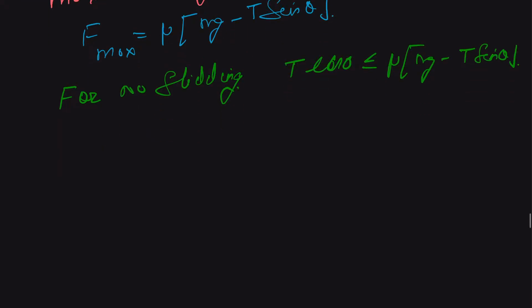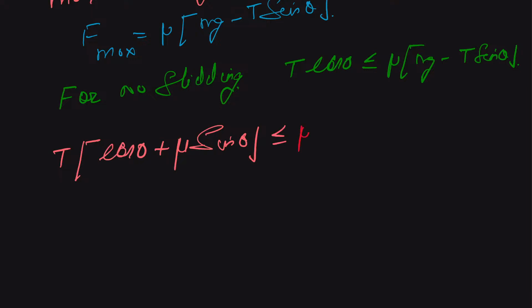We can solve for T, or we take T as common, so this comes as T (cos θ plus μ sin θ) is less than or equal to μ mg.